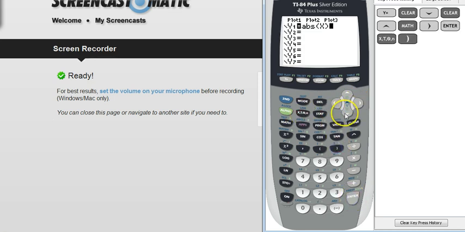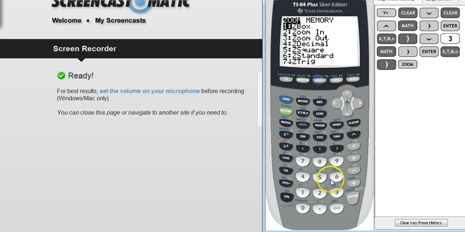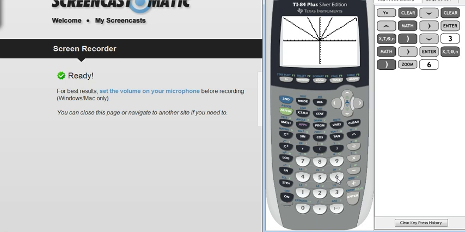I'll put the original in, and let's see what happens when we do 3 times the absolute value of x. I'm going to zoom 6, which gets you back to your standard graph. There's our standard y equals. And what happened?